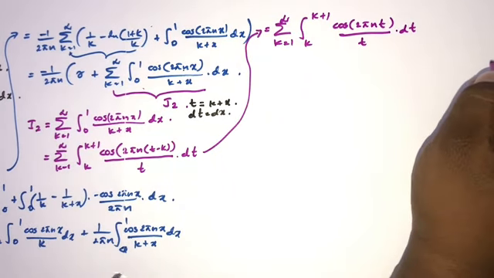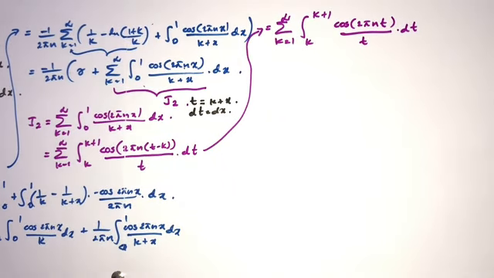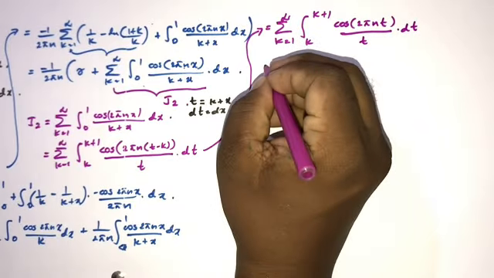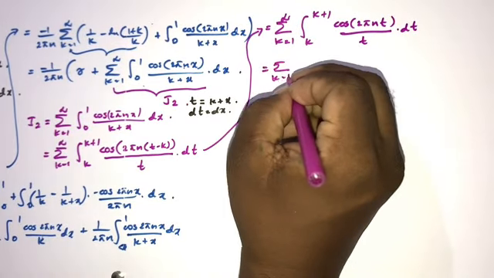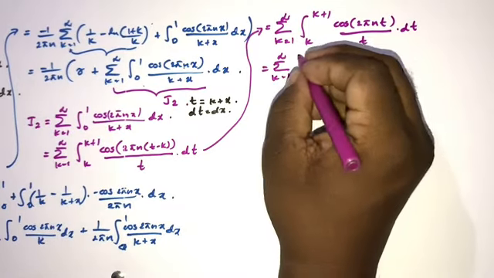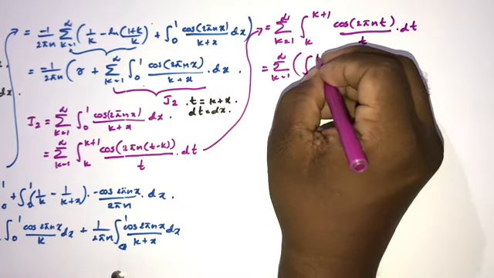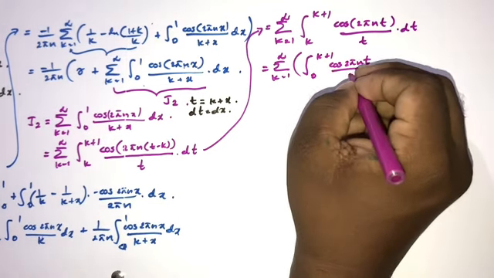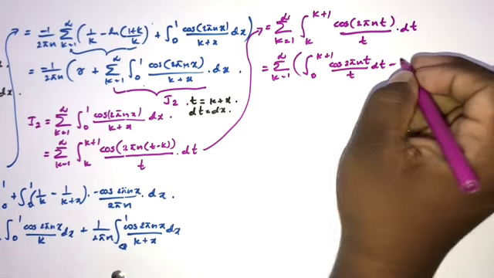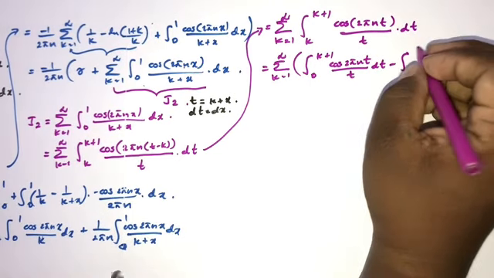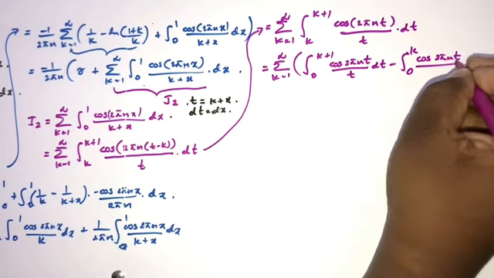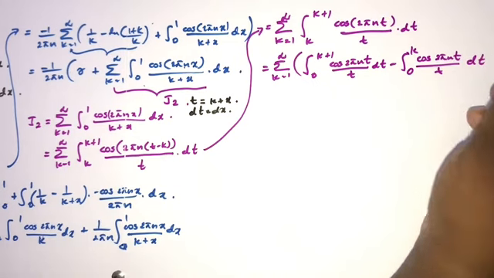Okay, then what can we do? Now the boundary is k to k plus 1, so I am going to break the limit, so we can write the sum of k equals 1 to infinity of the integral from 0 to k plus 1 of cosine of 2 pi nt over t dt, minus the integral from 0 to k of cosine of 2 pi nt over t dt.